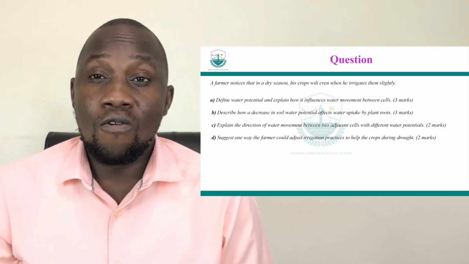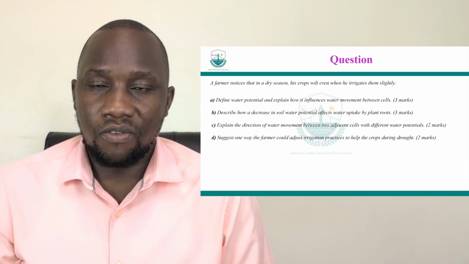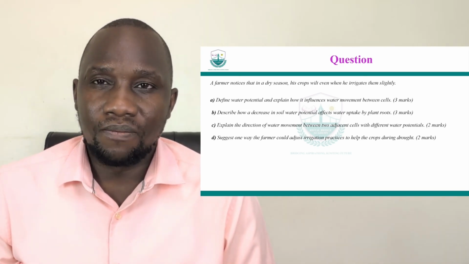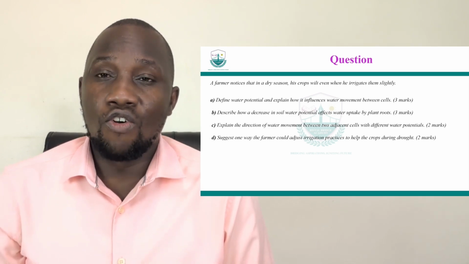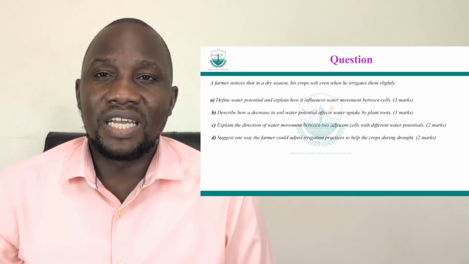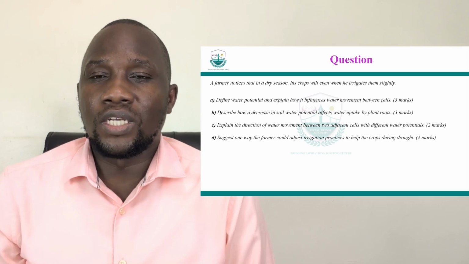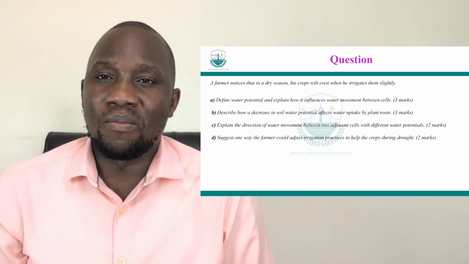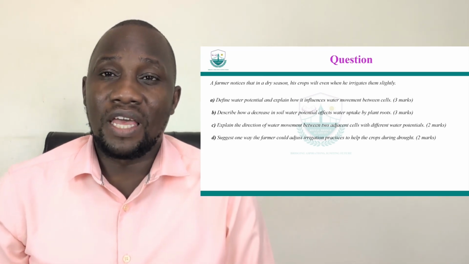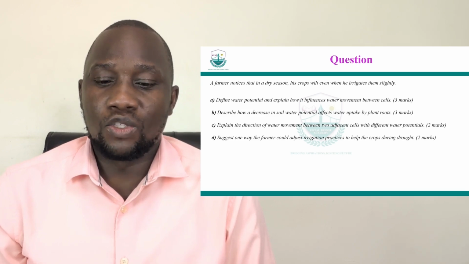Now, for plants to be able to absorb water from the soil, that water has to move. Okay, if we have more solutes in the soil, it means that the water will be reluctant to move into the root hair. So that will be a problem. The water will basically be unavailable for the root hair to take up.